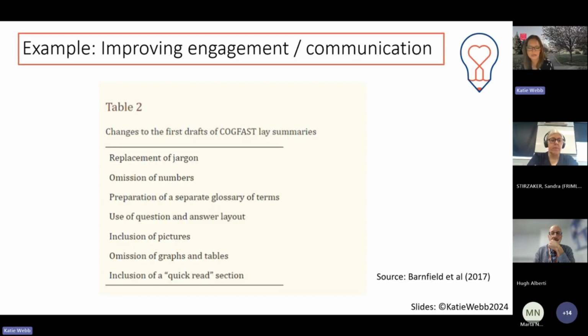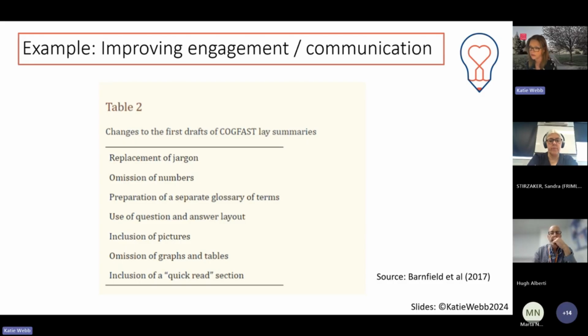Upon seeing that, the feedback was that in order to make it accessible, they needed to replace jargon, they needed to omit the numbers. It's what made sense to people in seeing the results of that study. Preparation of a separate glossary of terms for lay people and people who really wanted to know what the difference was and where the results were heading.